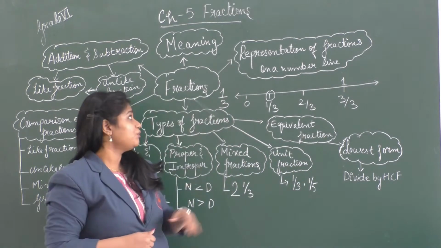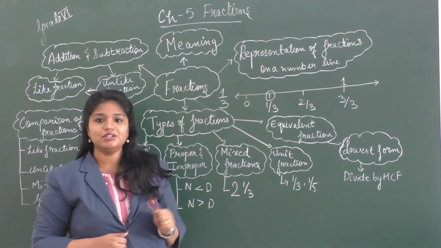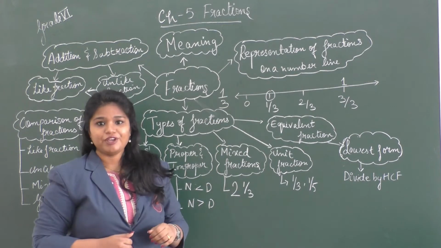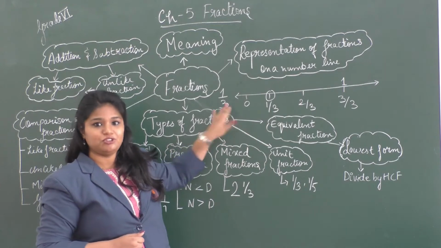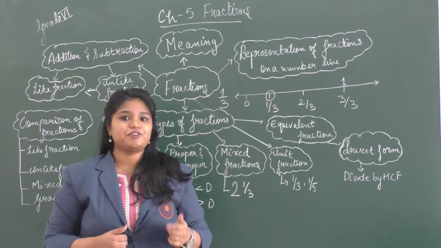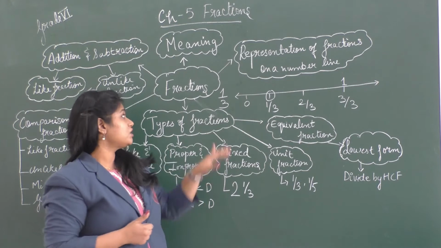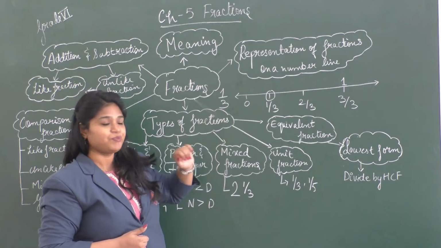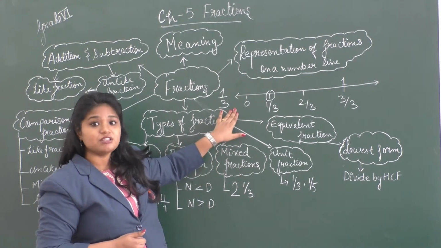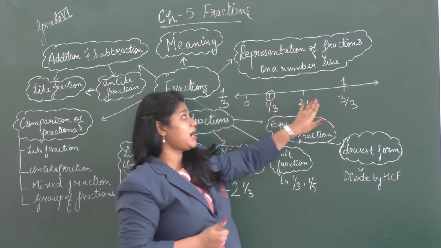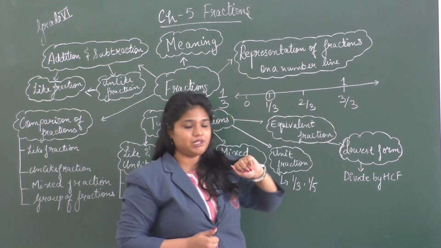Next we learned how to represent a fraction on a number line. So here we have a fraction 1 by 3. When we represent a fraction on the number line, we focus on the denominator. The denominator helps us to understand how many partitions are to be made on the number line.